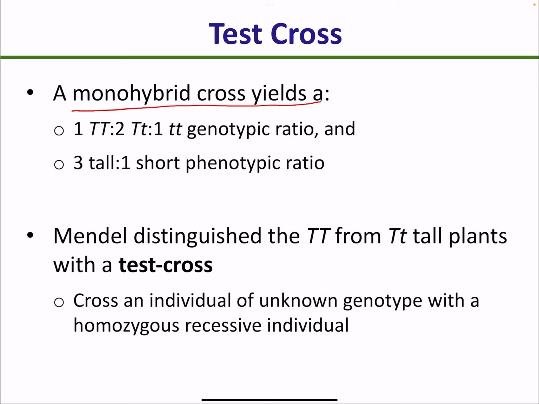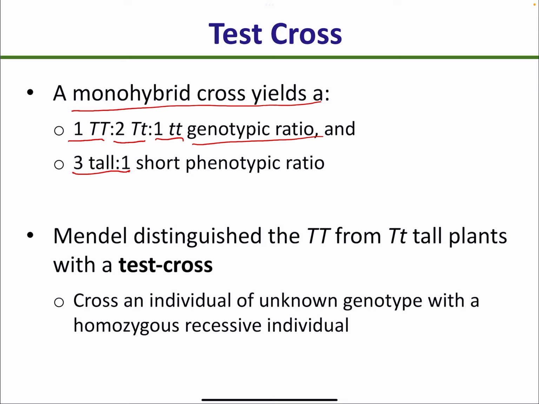So a monohybrid cross. So we have 1 capital T capital T, 2 capital T, lowercase t, 1 lowercase t. I mentioned that, the genetic ratio. And then the phenotype ratio is going to be 3 to 1. I mentioned that.